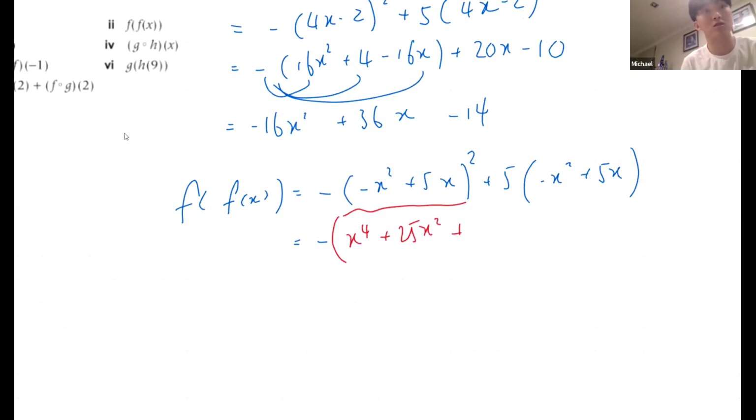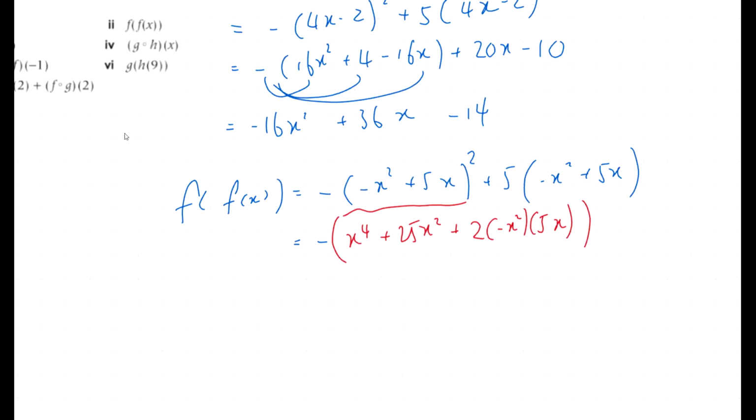The 2ab goes like this, plus negative x squared and then 5x. Sometimes we do minus 2ab if we see a minus sign, but it's pretty much the same thing. It's just this minus sign in the front. Does this make sense to all of you? It's just applying the formula.